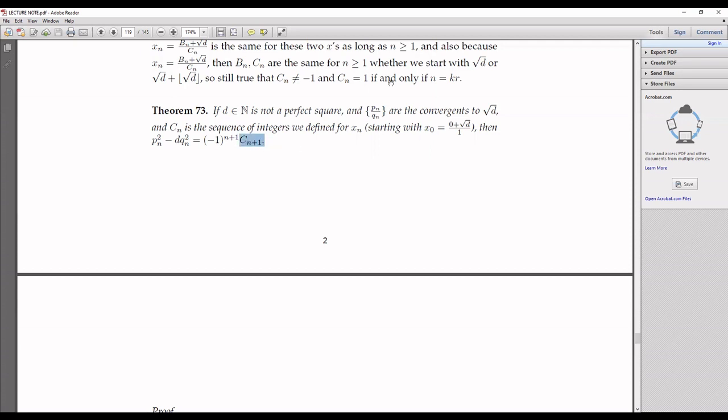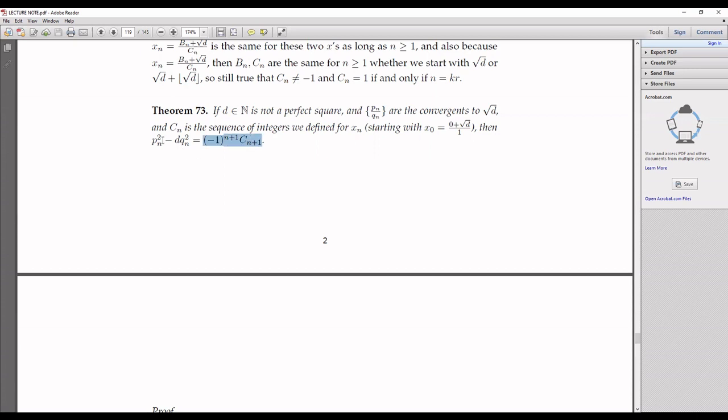Can you remember why? Because of this, we already proved Cn is not minus 1 and Cn is 1 if and only if n equals a multiple of k. So if n is a multiple of the original periodicity r, then this guy will be 1 as well. So the entire right hand side will be 1.